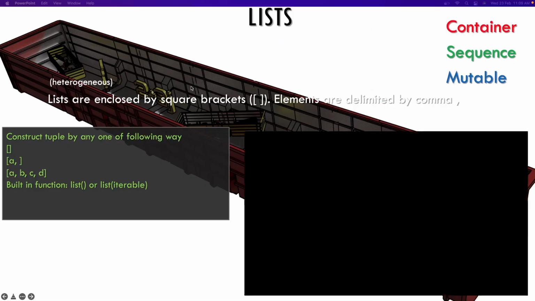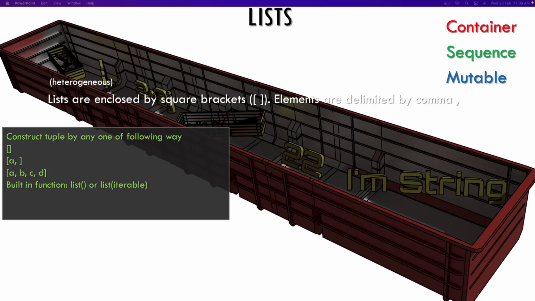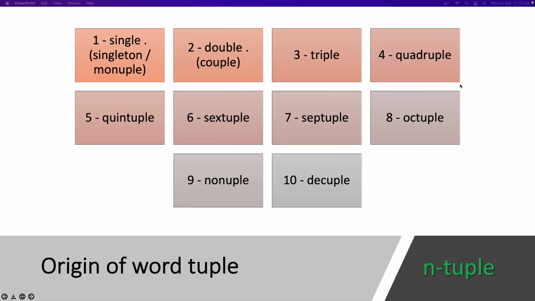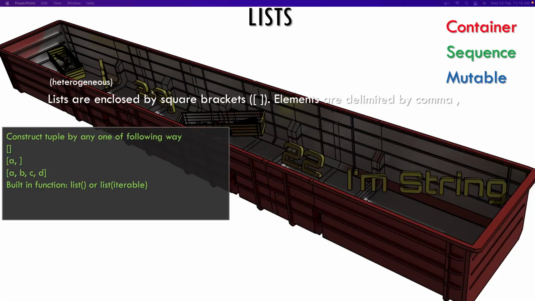And what is another one? We have another container type, which is a list. Can you see here? A list is also a container data type, and according to the access model we can categorize it as a sequence, and it is mutable. See the difference here: remember, tuple is immutable, and this one looks the same.